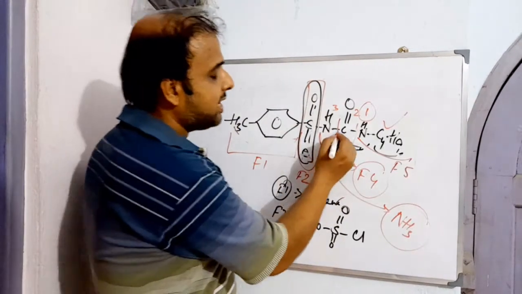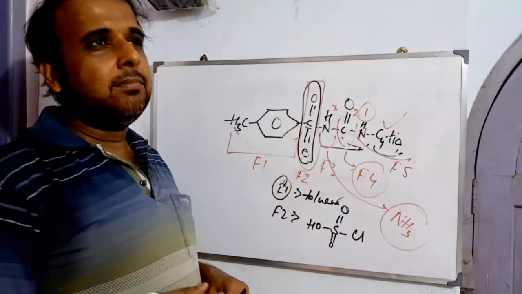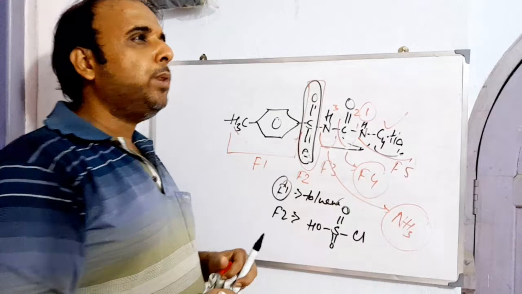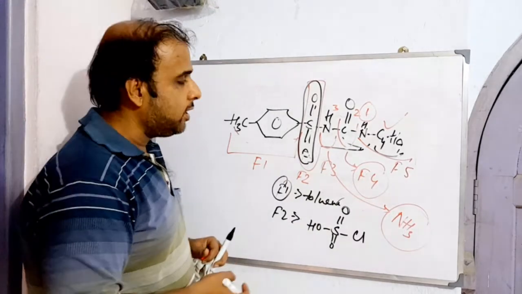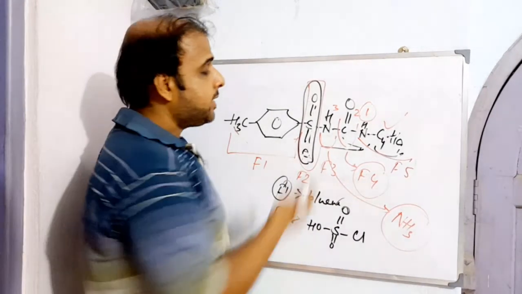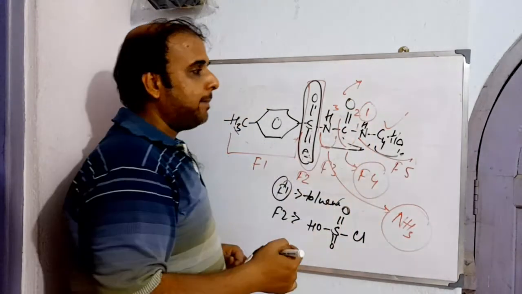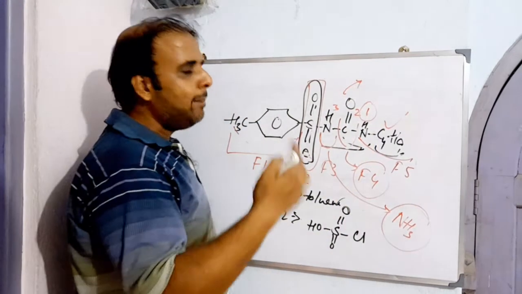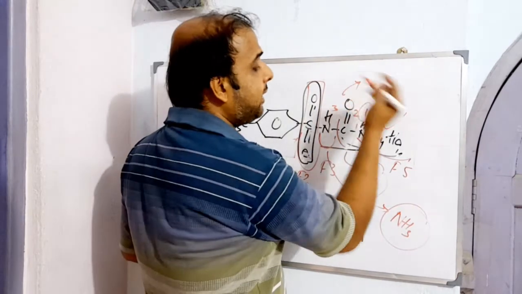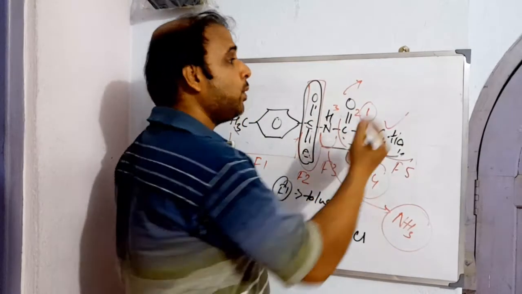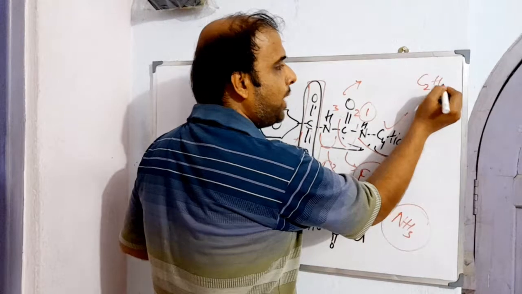Now coming to this carbonyl. We can incorporate the carbonyl if we consider the reagent called ethyl chloroformate. How does it look actually? What will be the possible shape of this fragment while modifying it? This is ethyl chloroformate, so we write here C2H5.